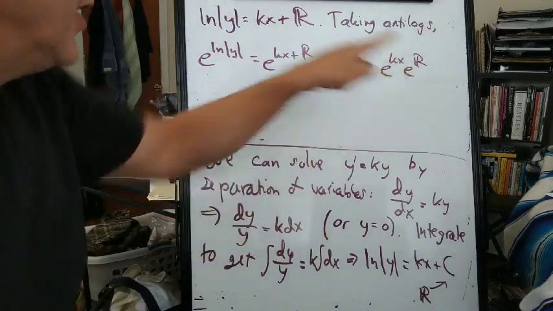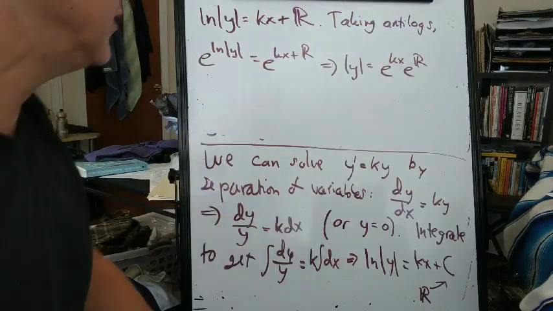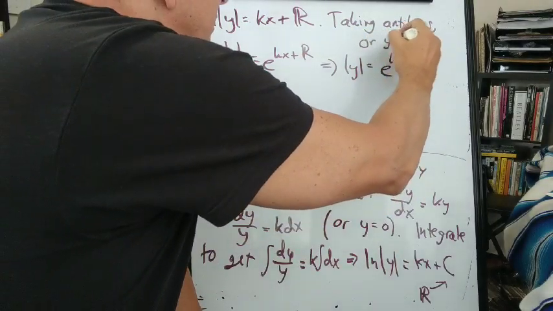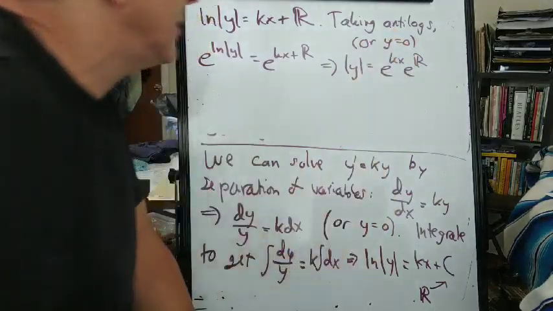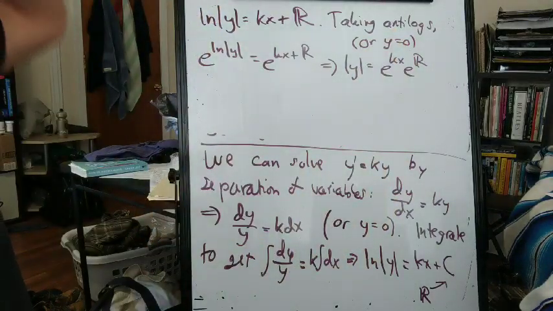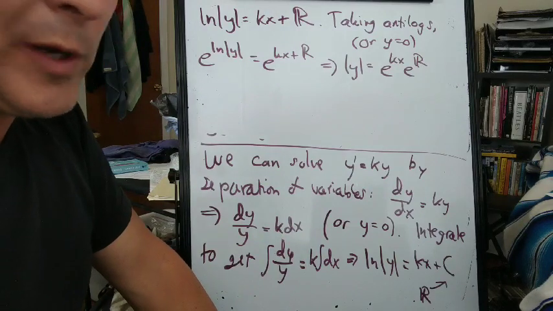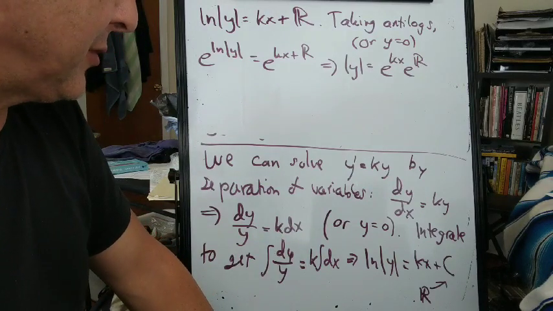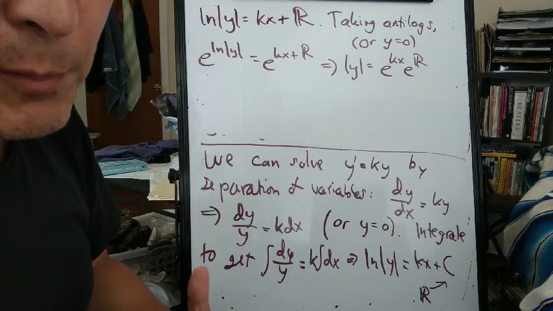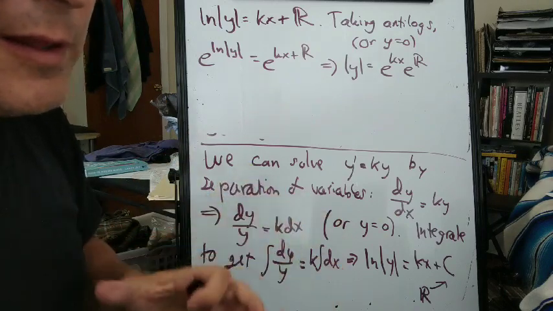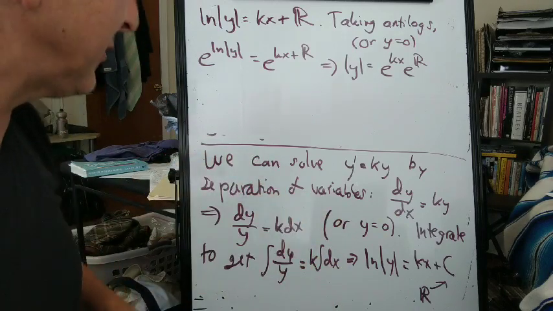Now what do we get? Oh, let's say or y equals 0. Let me just carry this around. So what do we get if we raise e to all possible real numbers? We get all positive real numbers. Because when we raise e to a power, whether it's positive or negative, the answer is definitely going to be positive.